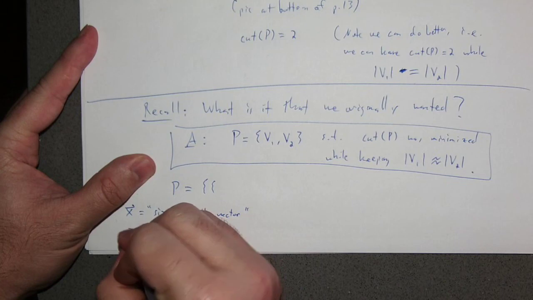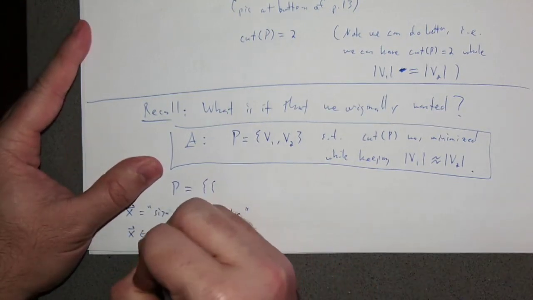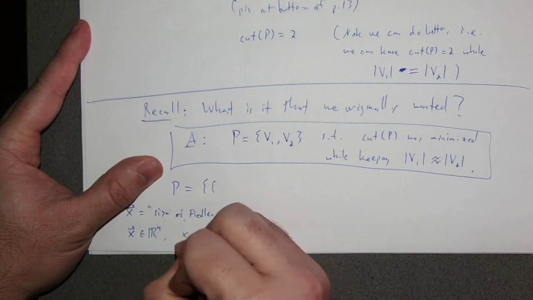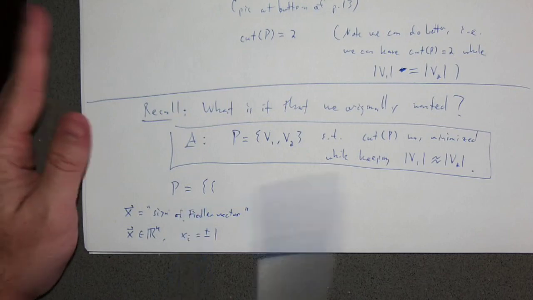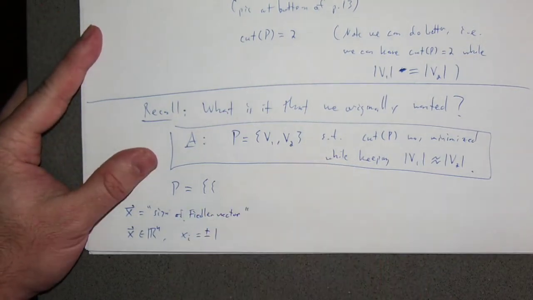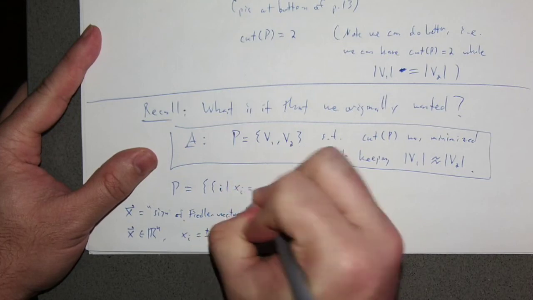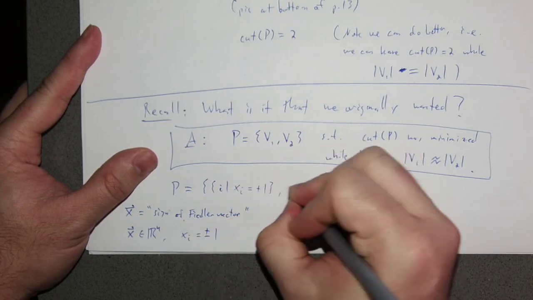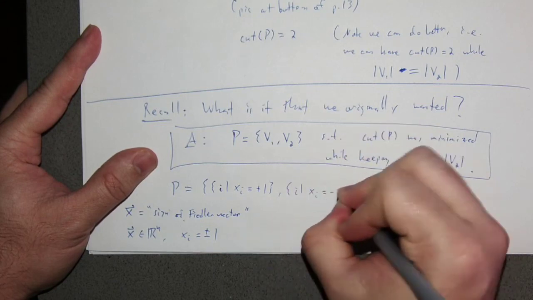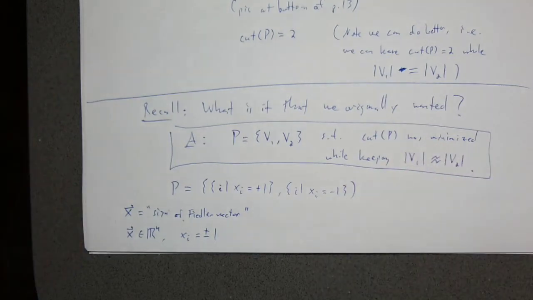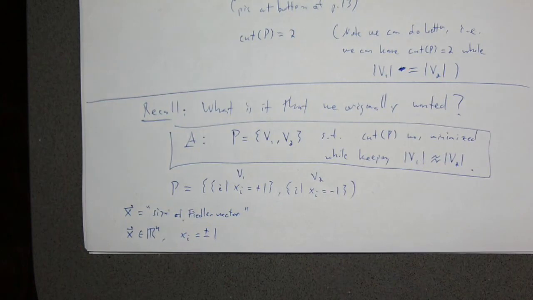So x is a vector in Rn, and each x sub I is plus or minus 1. The way that the partition is formed is you take one subset to be the set of all I such that x sub I is equal to plus 1, and the other is the set of all I such that x sub I is equal to minus 1. You can call this V1 and this V2, it doesn't matter how we label them.